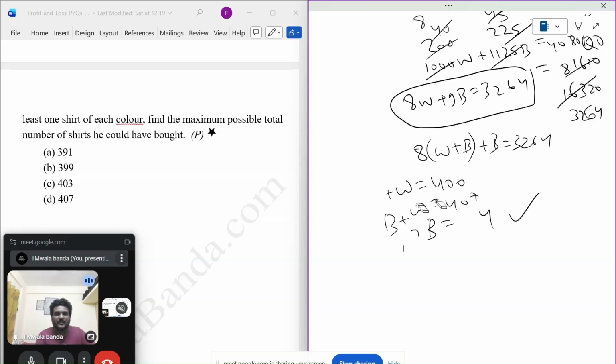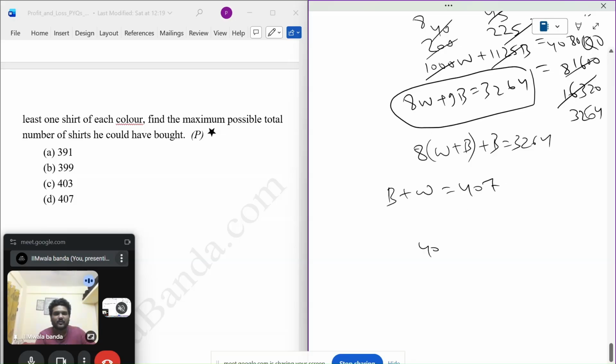It's asking what is the maximum number of shirts you can buy. I'm saying let the maximum number of shirts be the maximum option. So this becomes 407 into 8, 7 8s are 56, 8, 6, 32, this is 3256, 56, again 8.